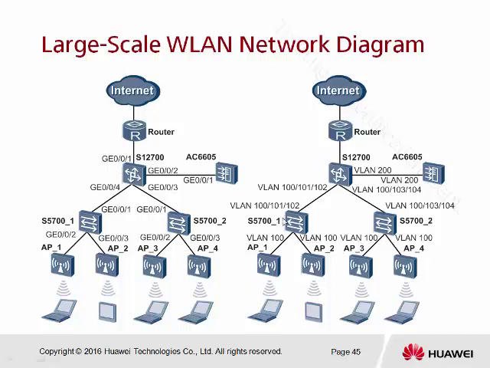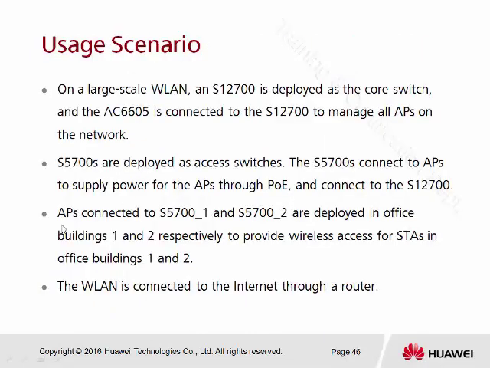This is the reason why you can see two switches over here. APs connect to the S5700. The first switch and the second switch are deployed in office buildings 1 and 2 respectively.